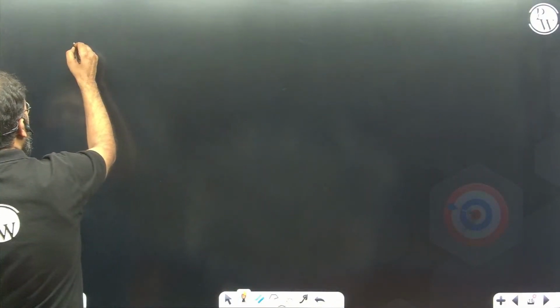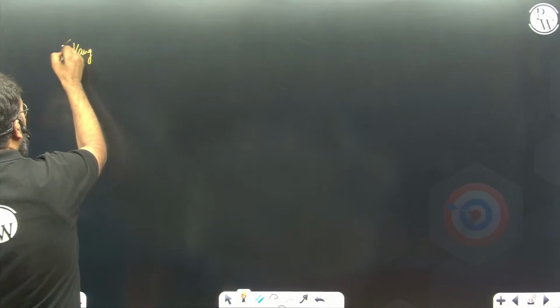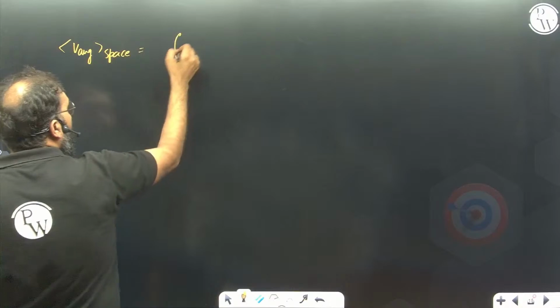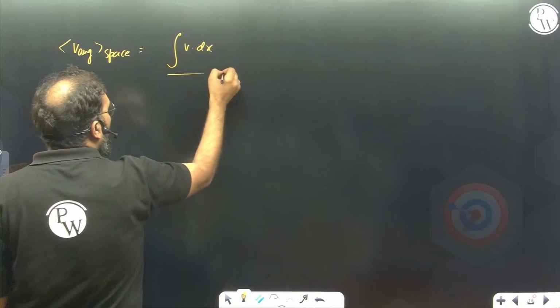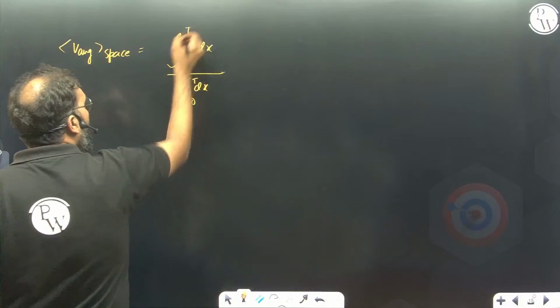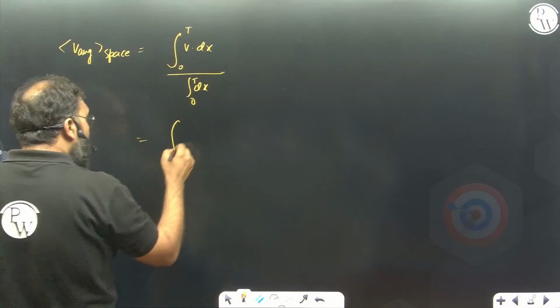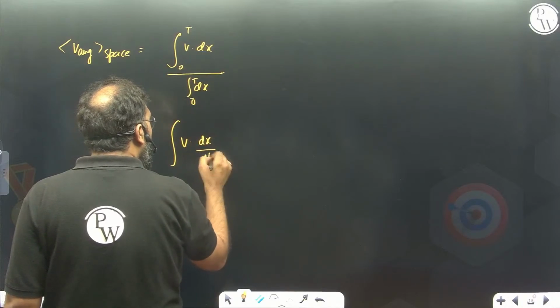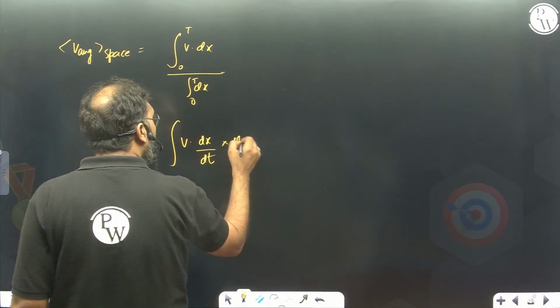So the space average V average, I'm doing space average, okay. This is integral V dx upon integral dx, and we are doing it from 0 to capital T, okay. So what I'm doing here is V multiplied by dx. So let's divide it by dt and multiply it by dt, okay.